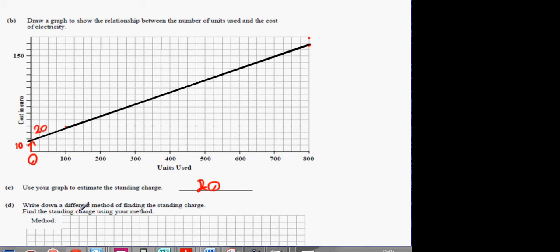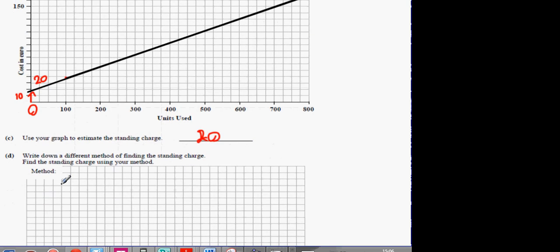Okay? Write down a different method for finding the standing charge. Find the standing charge using this method. Okay? I have a method, right? Here's the method. What does cost equal, guys?